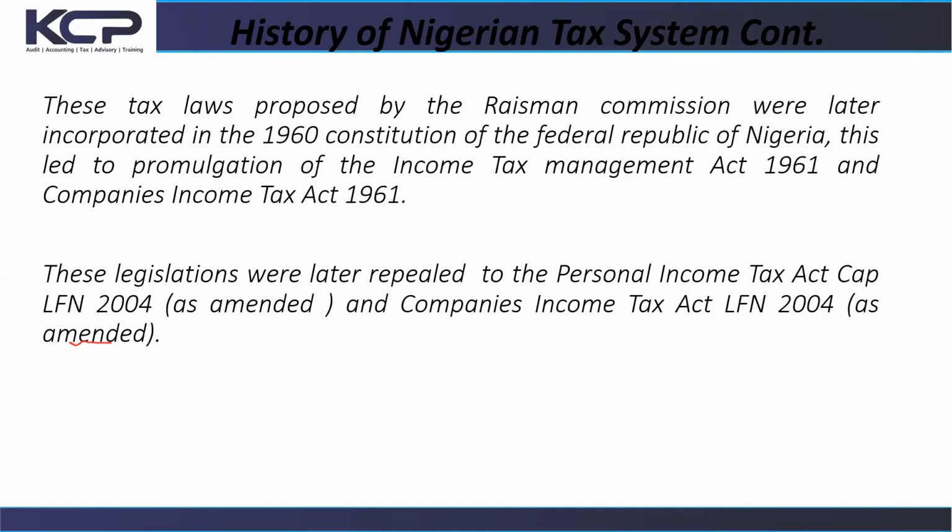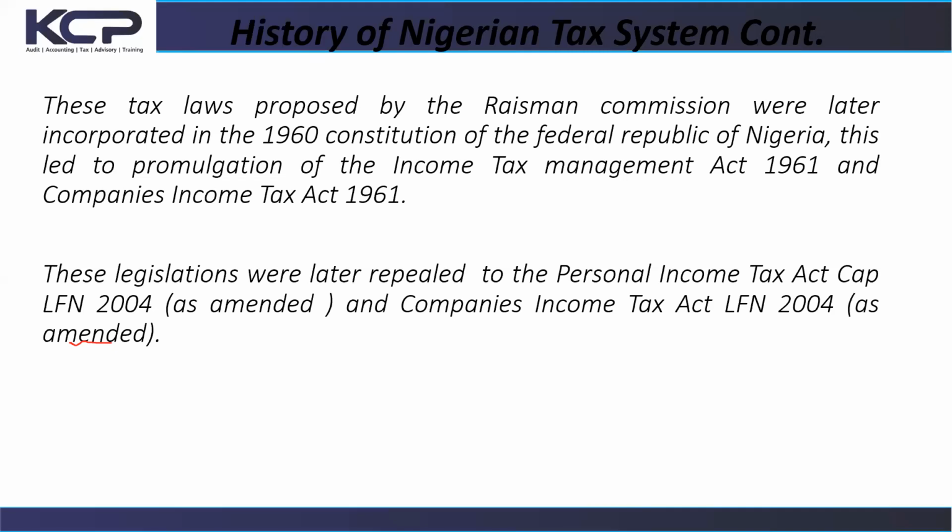So this led to the promulgation of the Income Tax Management Act in 1961 and the Company Income Tax Act in 1961. It may interest you to know that what you call the Personal Income Tax Act today was initially known as the Income Tax Management Act of 1961.